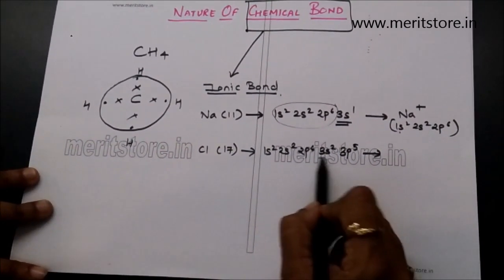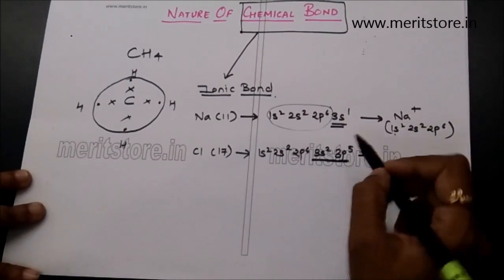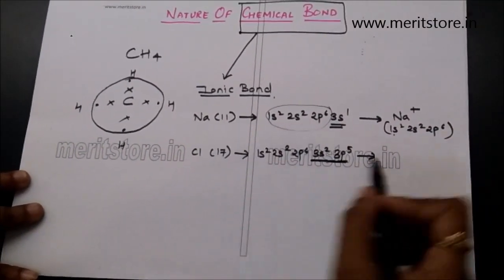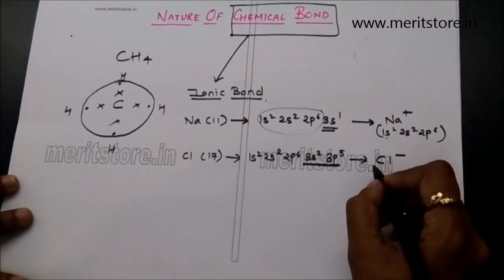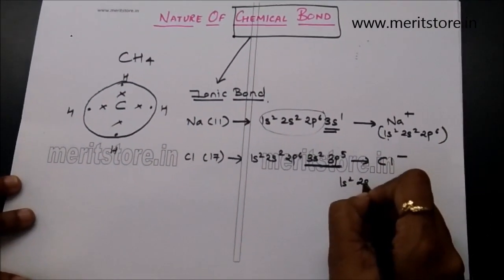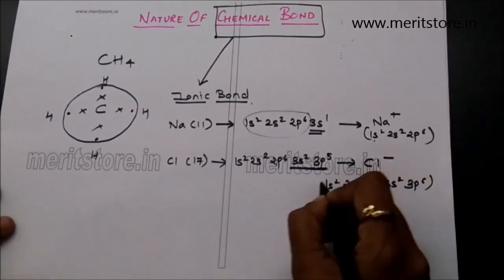Now the outermost shell of chlorine contains a total of 7 electrons, so it can gain the electron donated by the sodium to acquire a negative charge with the stable configuration 1s2, 2s2, 2p6, 3s2 and 3p6.